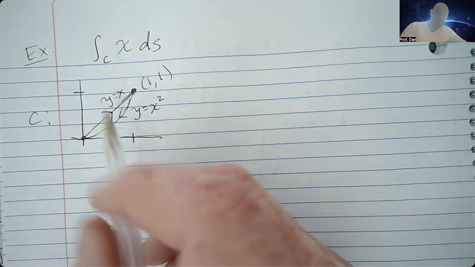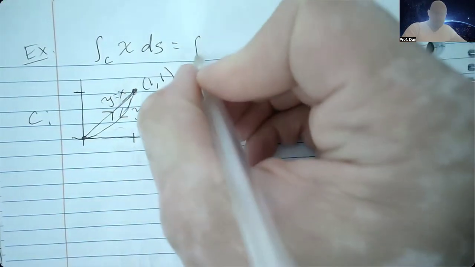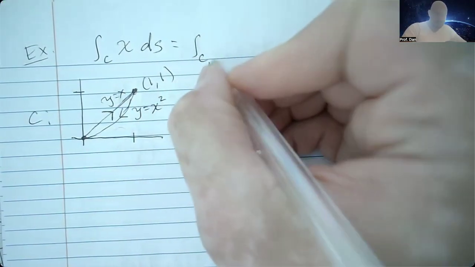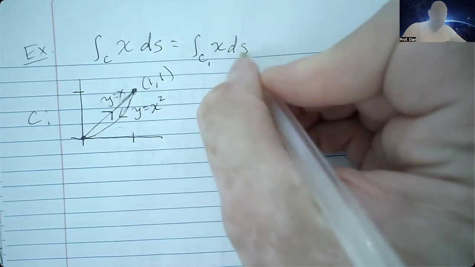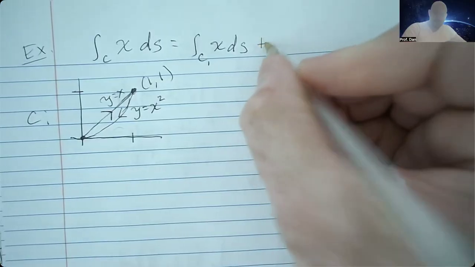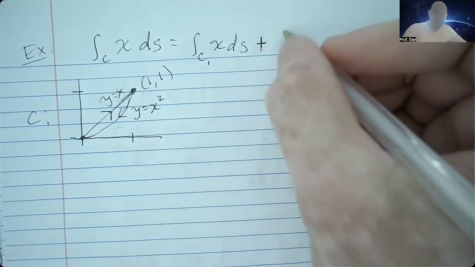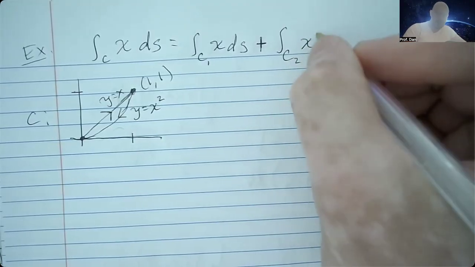Because both of these curves are smooth, there's absolutely nothing wrong with splitting this integral into two sections. We can have the path integral that goes over that straight line, y equals x, and then we can add to that the path integral that goes over the parabolic arc.